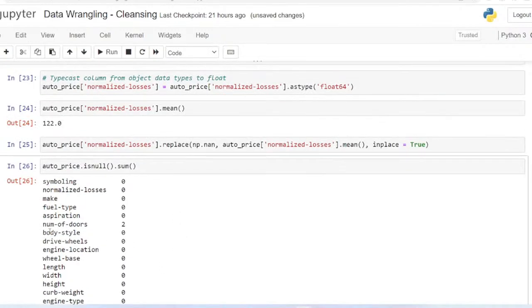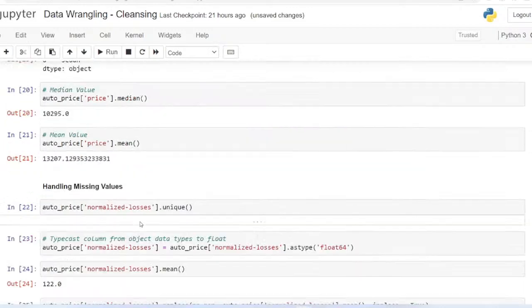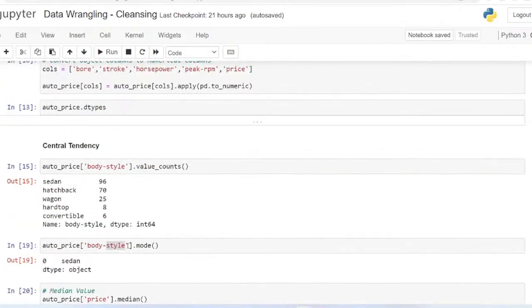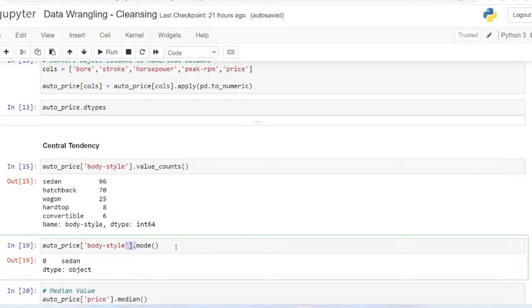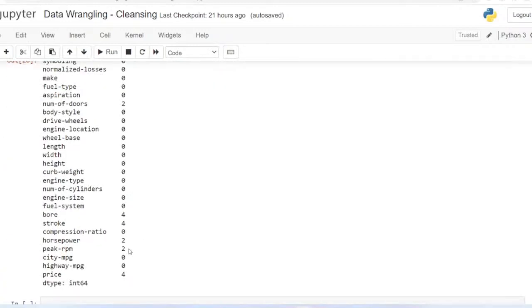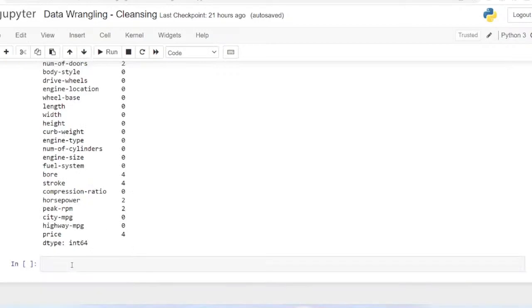Now, one way could be to target them individually and replace them by the other central tendencies. But there is one more method that could also be used in this case: we can simply drop these rows, as there is very little missing data.